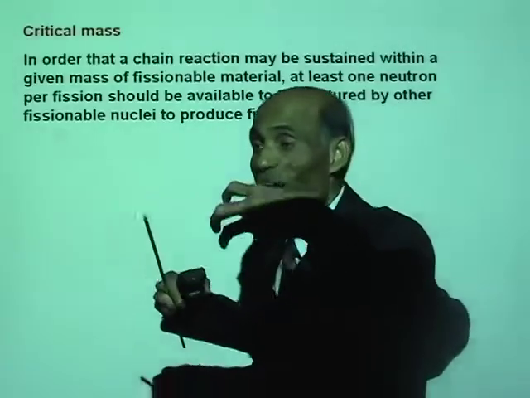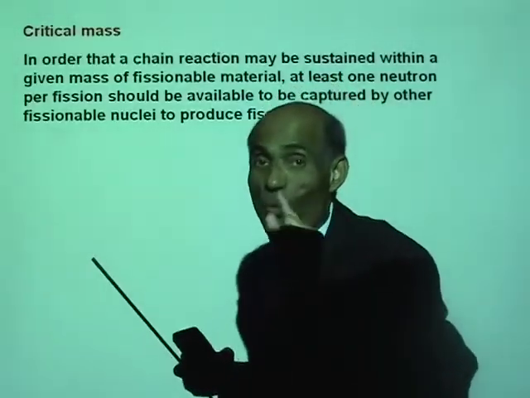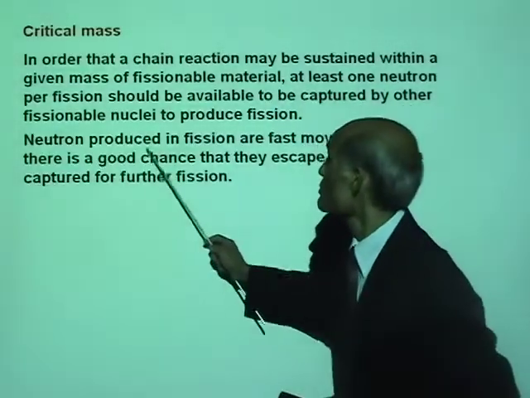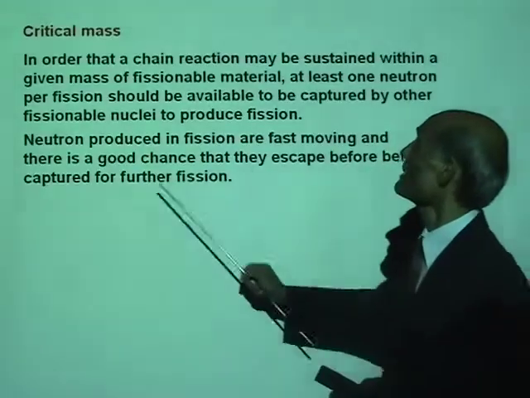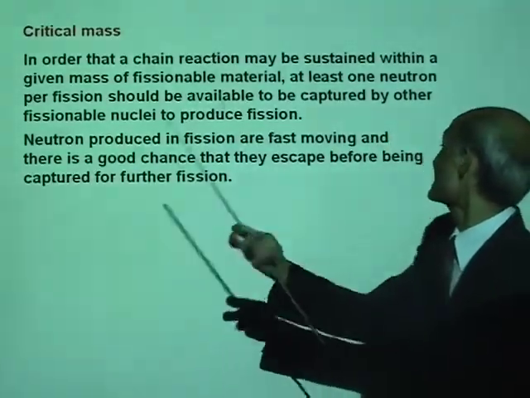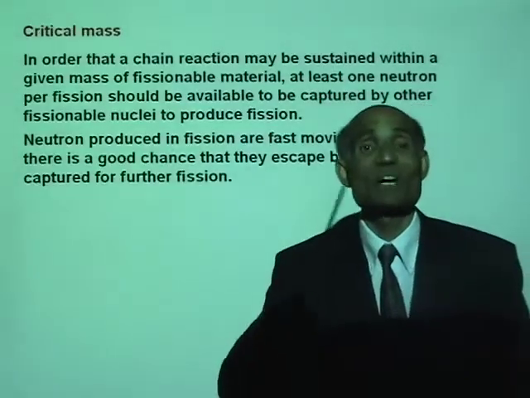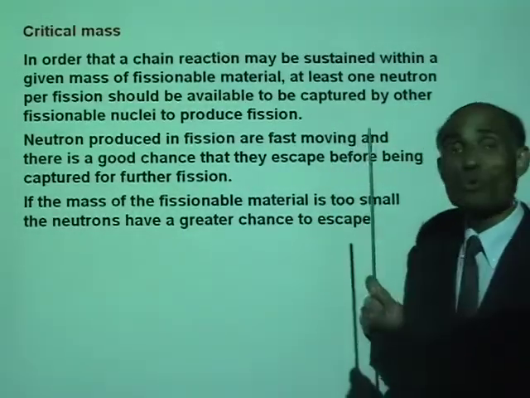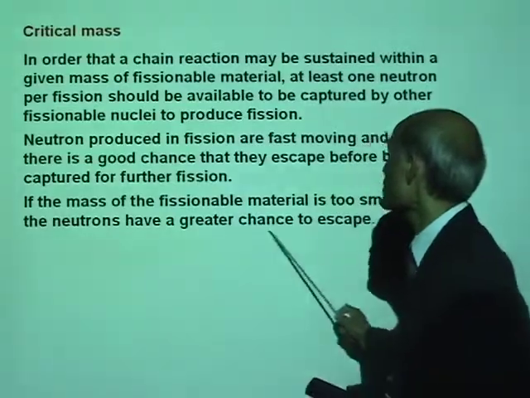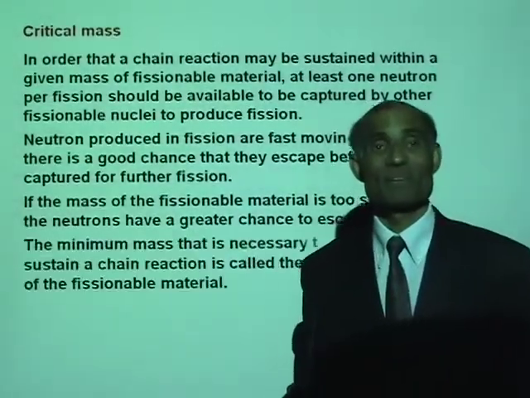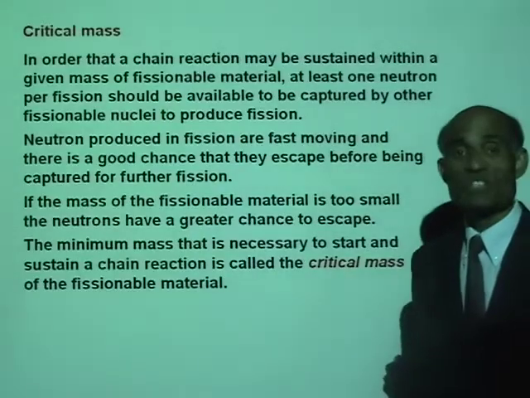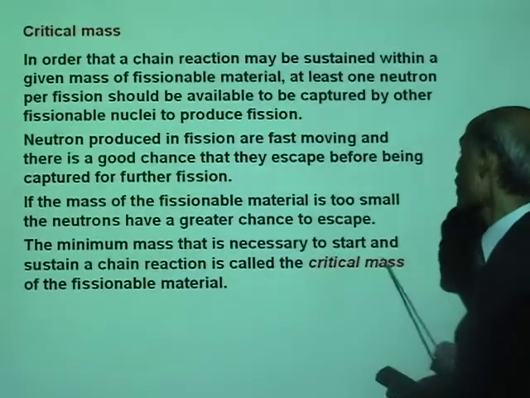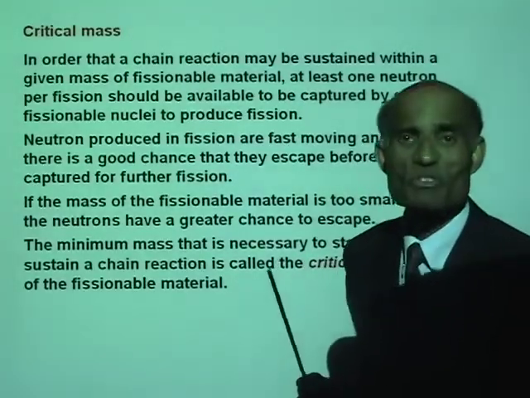Now, neutrons produced in fission are fast moving, and there is a good chance that they escape before being captured for further fission. If the mass of the fissionable material is too small, the neutrons have a greater chance to escape. The minimum mass that is necessary to start and sustain a chain reaction is called the critical mass of the fissionable material.